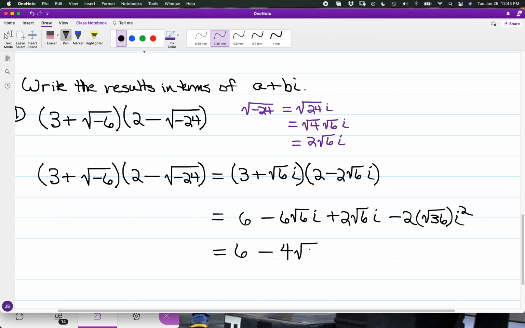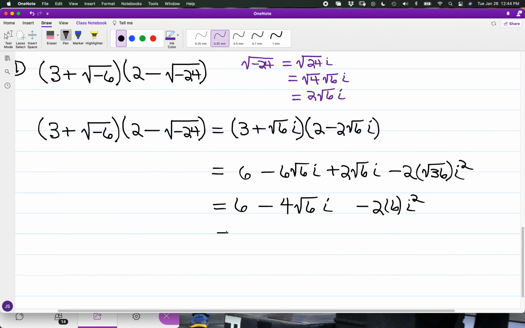So the terms in the middle combine to -4 times the square root of 6i. Now for the last term, I got -2, the square root of 36 becomes 6, and you're going to have i squared come out to -1. So you have 6 minus 4 times the square root of 6i.